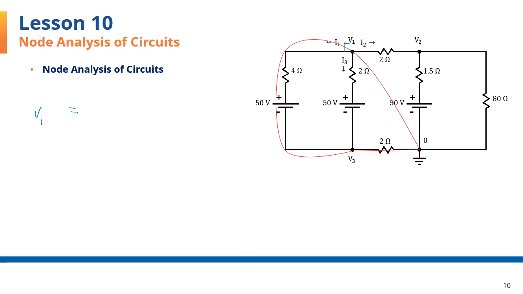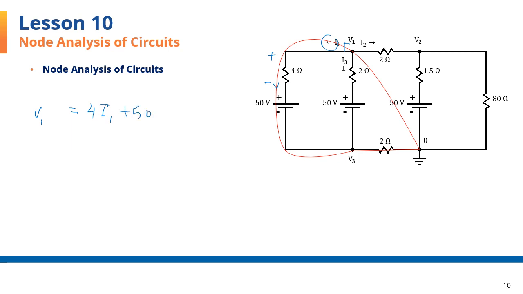Following this loop in this direction of counterclockwise, I'll go across the 4 ohm resistor, and that one represents a voltage drop of 4 times I1. So that one goes on the right-hand side. The next voltage I come across is a 50 volt voltage drop, so that also goes on the right hand side.